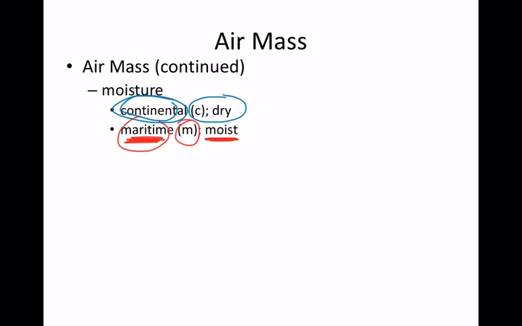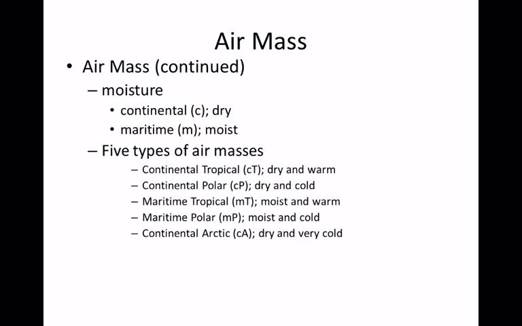So with all that in mind, we end up with 5 types of air masses. And here they are. And there's actually a 6th possibility, but we'll talk about why that doesn't work. They're listed by these: we have Continental Tropical.